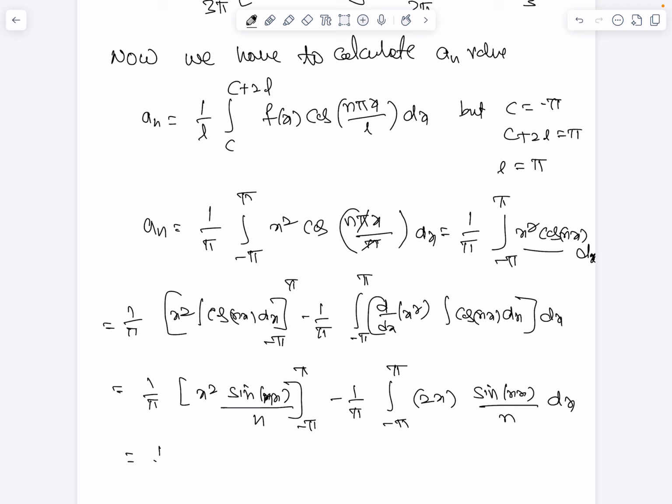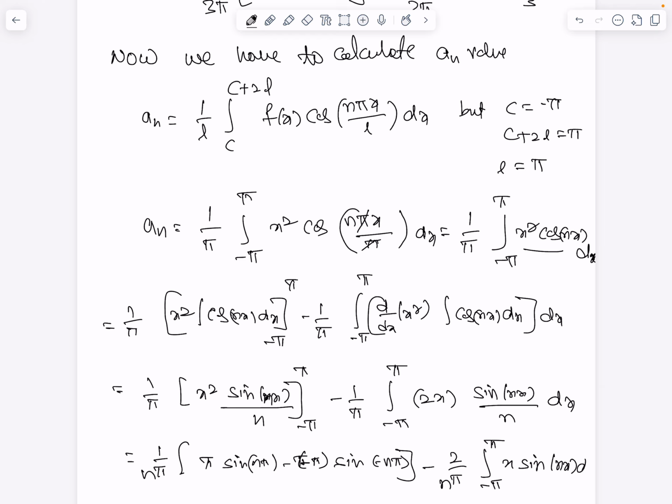If you substitute here, the first term is going to be pi times sin n pi minus minus pi times sin minus n pi, minus 2 by pi, integration from minus pi to pi of x sin nx dx.